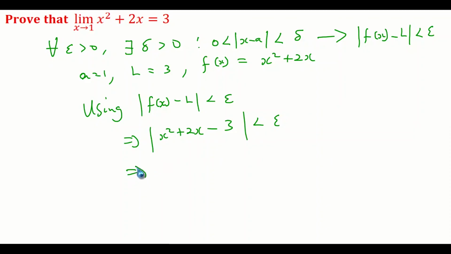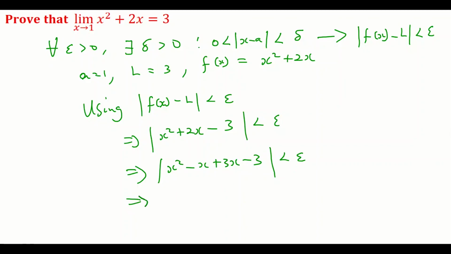So it implies that we can actually factorize this. This is a quadratic expression. So I can say it will be the absolute value of x squared minus x plus 3x minus 3 is less than epsilon.